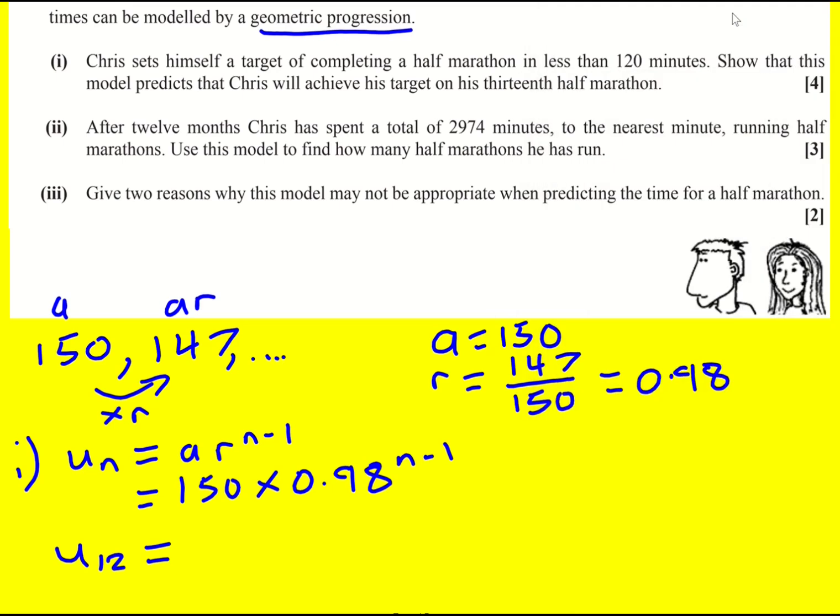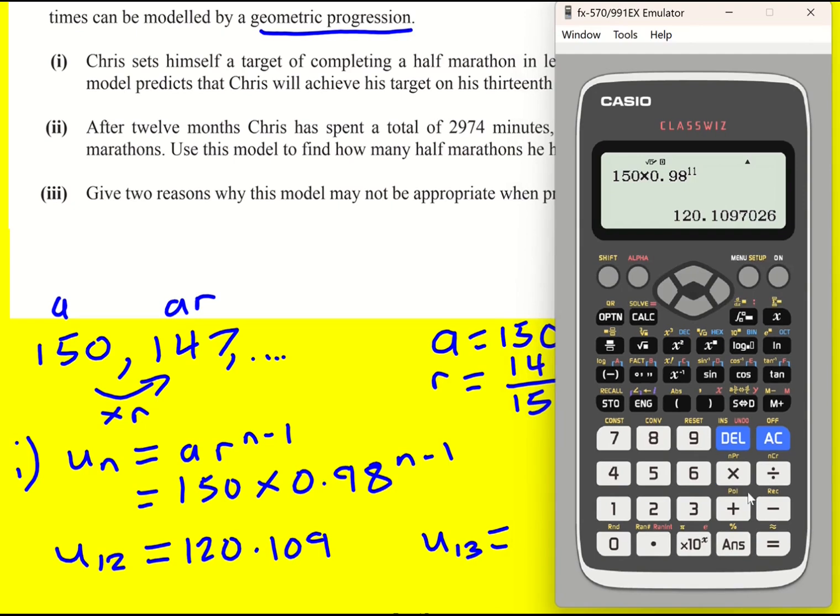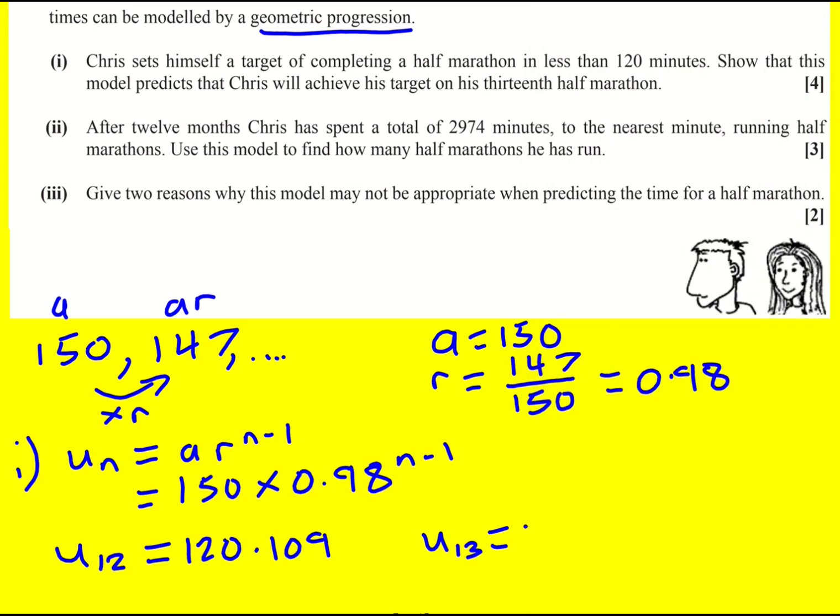That's going to be 120.109. Okay, so still more than 120 minutes. You can see when we times by 0.98, that's going to be smaller, but let's just find out the value. Just times by a further 0.98, or just put 0.98 to the 12 in, and we're going to get 117.70.